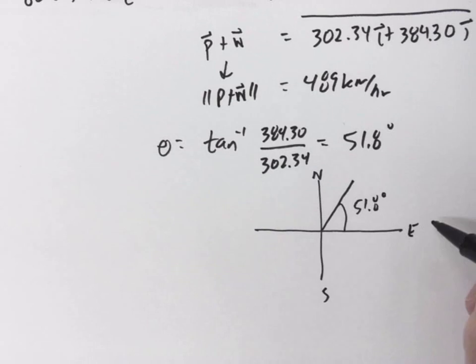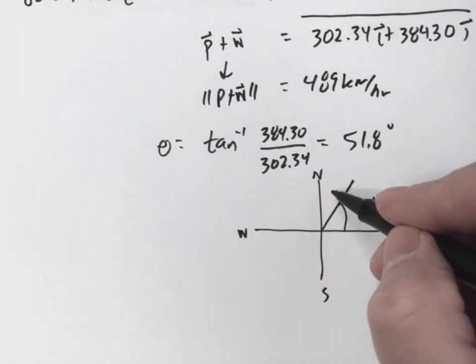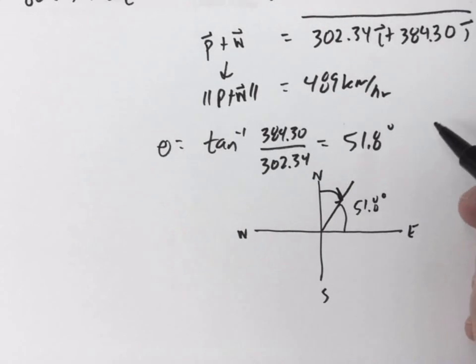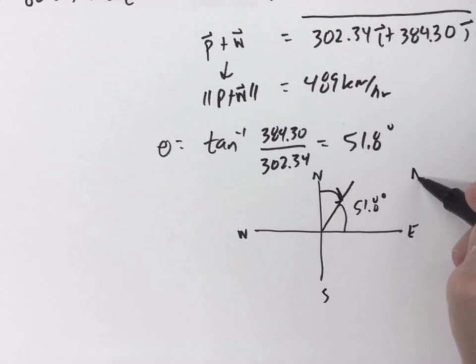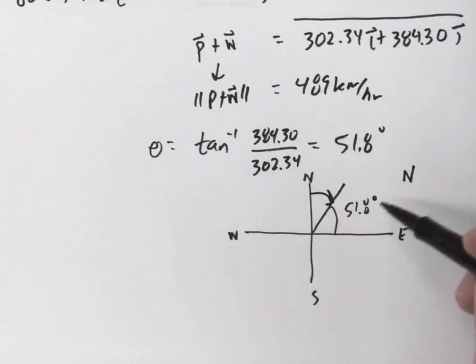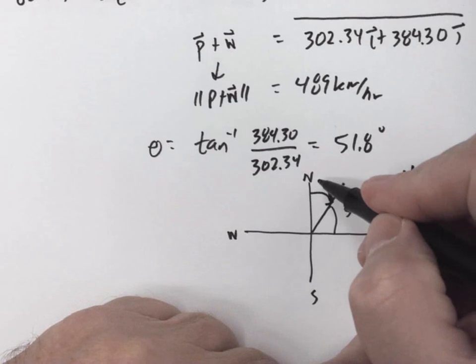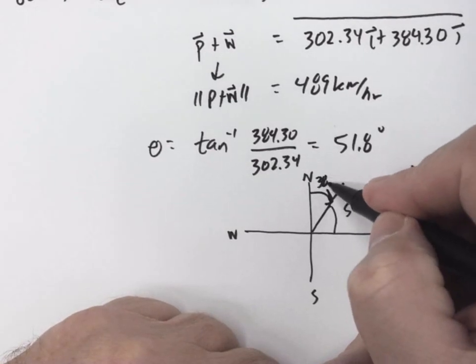And we don't want to write this angle that way. So this is east. So they want to say the angle is north, a certain number, east. So you're going to take 90 minus 51.8. And you get 38.2. So this is actually 38.2.